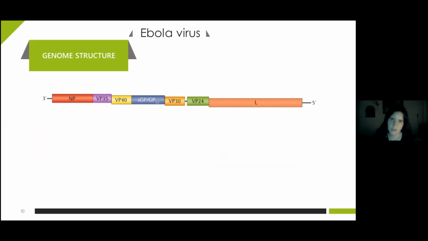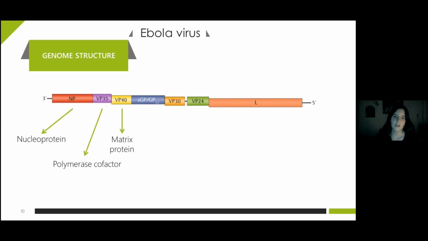And the viral RNA has these genes, and these genes code for a variety of proteins, such as the nucleoprotein, which encapsulates the viral genome, the polymerase cofactor, the matrix protein, the very important glycoprotein, which is the only surface protein that protrudes from the virion of the Ebola virus.